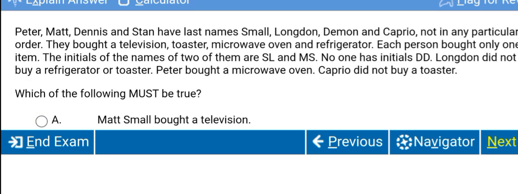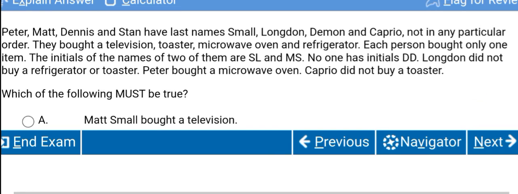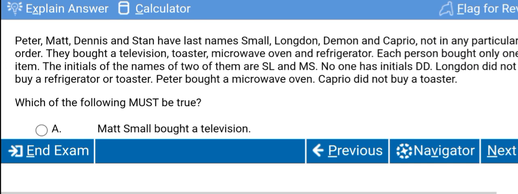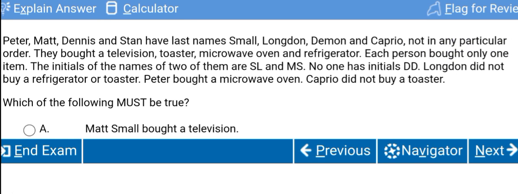Next we have that Peter, Matt, Dennis and Stan have last names Small, Longdon, Demon and Caprio, not in particular order. They bought a television, toaster, microwave oven and refrigerator. Each person bought only one item.